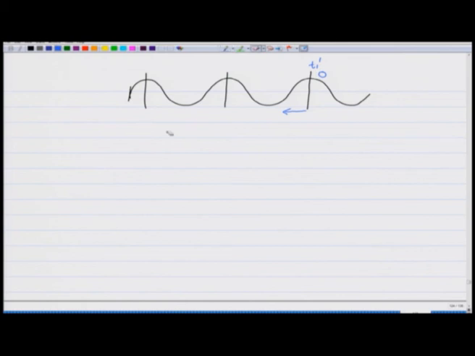So, you are going to have t1 prime plus lambda divided by v plus vo, because the relative speed between this maximum moving this way with speed v and observer moving with speed vo is v plus vo, and they have to travel a distance of lambda before the observer hears the second maximum, which is going to be equal to t2 prime.